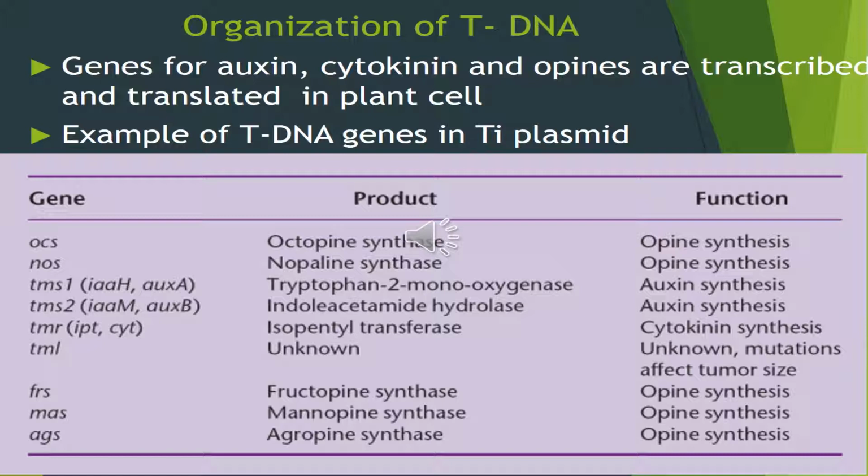And in this tabular column we have seen the different genes present in the Ti plasmid and what are the enzymes and how their products are helping in the production of auxins, cytokinin, octopine and opine synthesis.